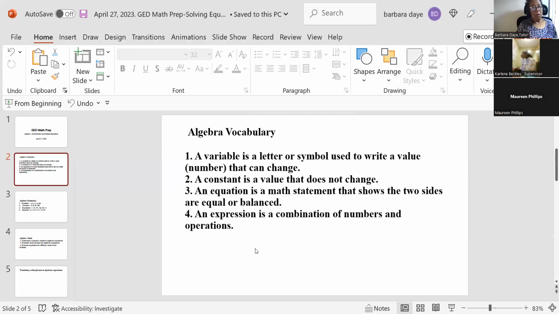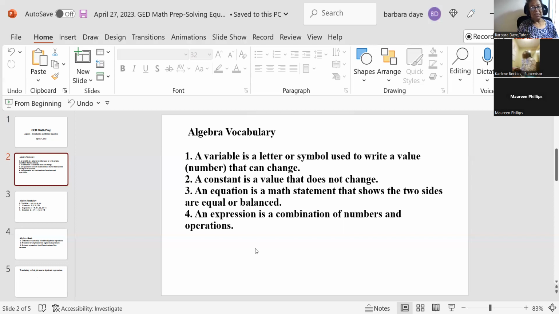But we'll be working with A to Z. And in some problems, we don't put a variable. You choose the variable, right? We'll just say a number, and then you choose what you want to call it. And we're always trying to find that value, but that value can change based on what the problem is.